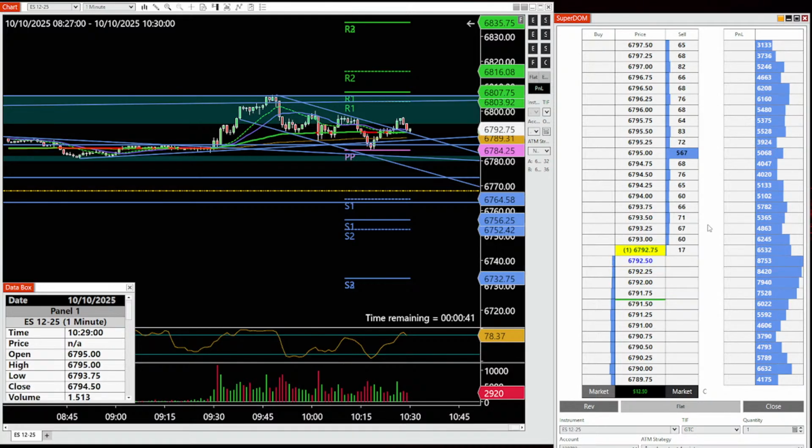Pulling back. Next 15-minute bar opens up. Trying to see if they're shaking, and which way they want to go. They're going to shake the shorts out, or we're just going to go sideways all day.